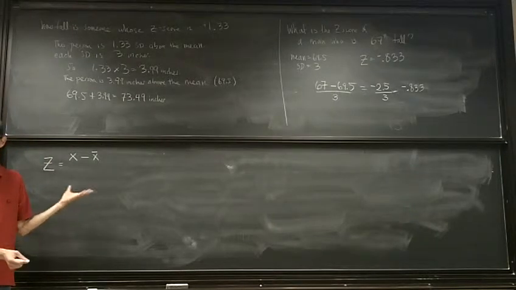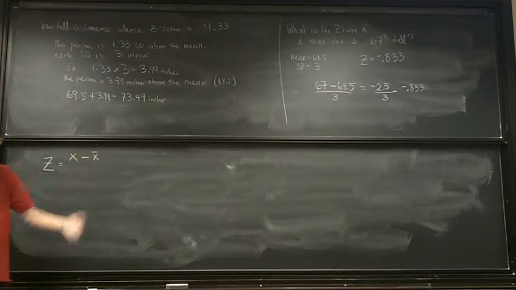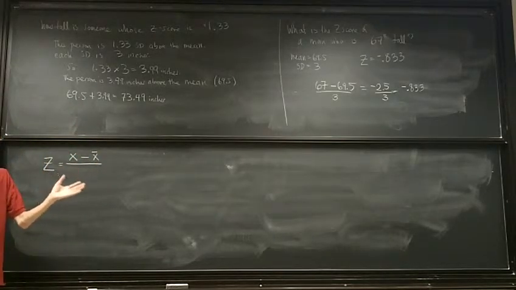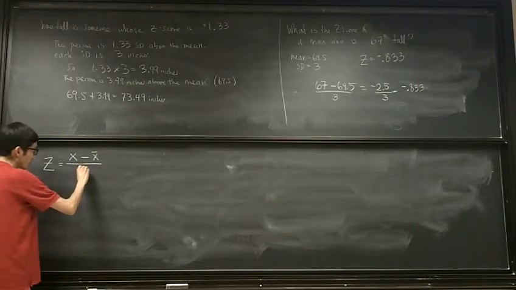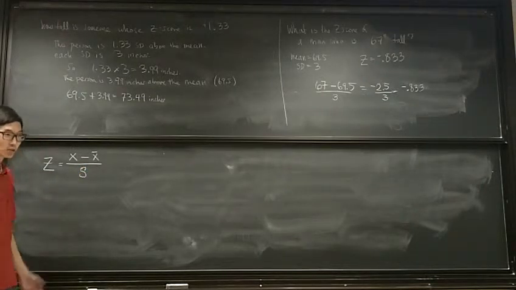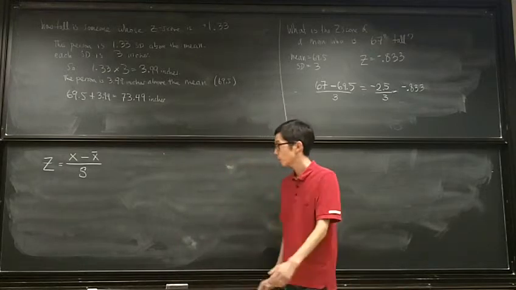This is subtraction, right? What does subtraction tell you? It tells you how far apart two numbers are. Sometimes when we learn subtraction, we don't realize what subtraction actually is. But I don't want to know how far away that is. I want to know how many standard deviations it is. So I divide by s. And this is how I find it.